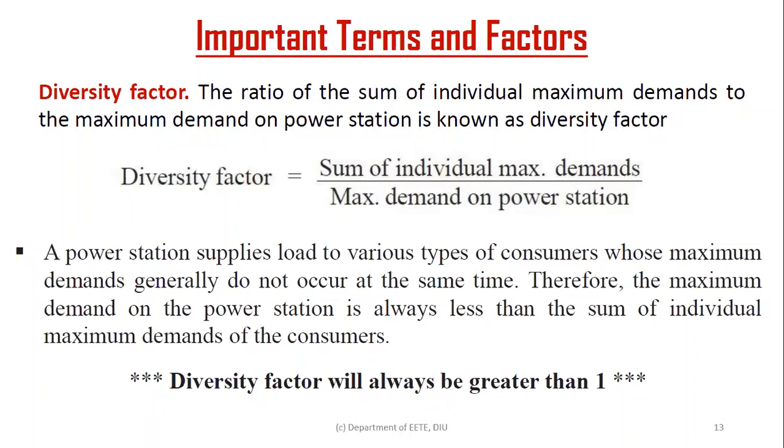If we sum all those individual maximum demands, it will definitely be the bigger one. The maximum demand on the power station is the highest peak of the load curve. If we divide those two values, the upper value is the bigger one. That's why the diversity factor is always greater than 1.